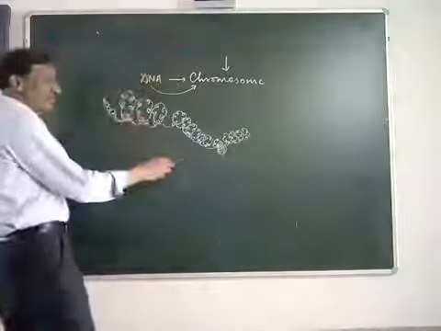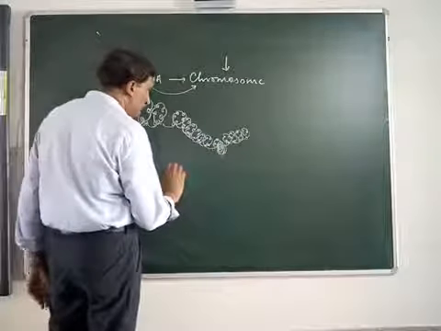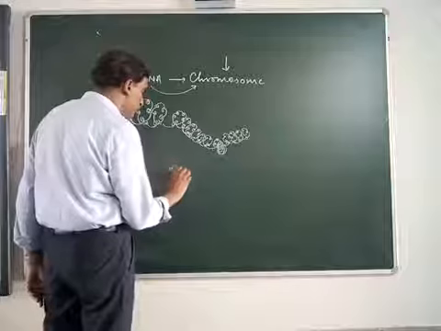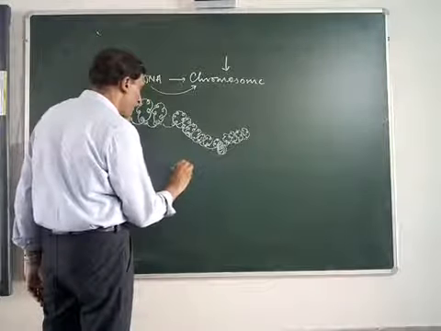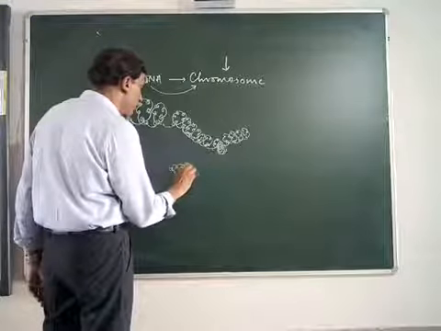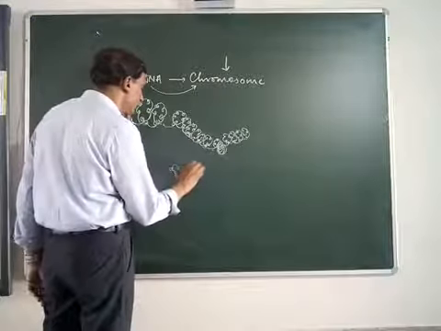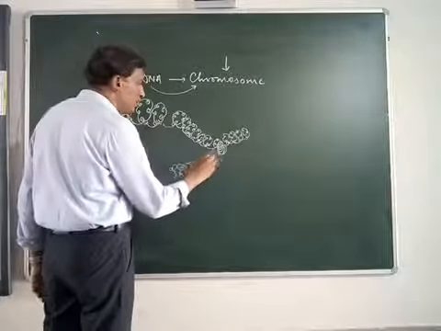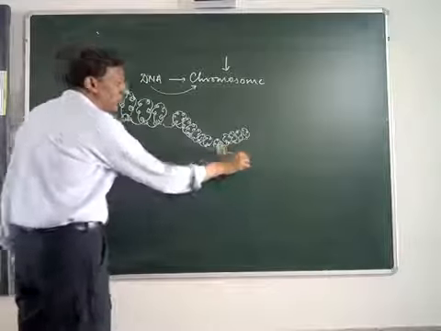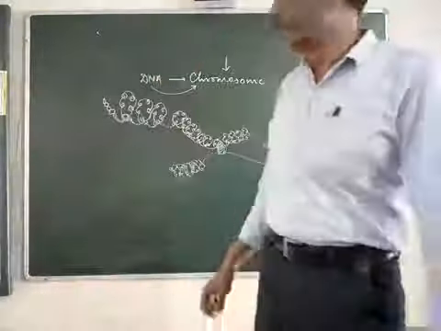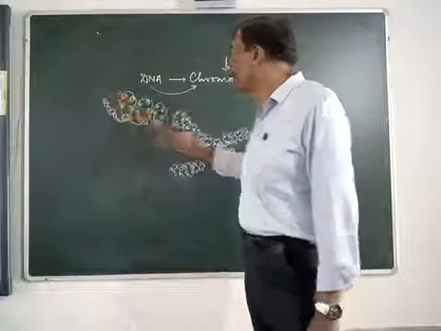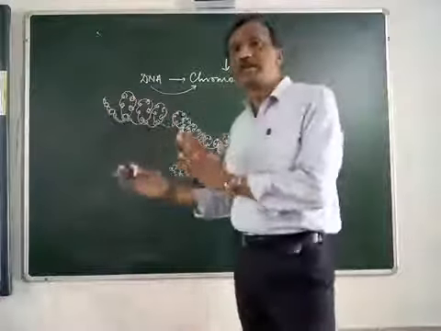This is one chromatid, and on this side is the other chromatid. So this is how it will join, and the chromosome will form. And in a chromosome, the length of the DNA is very much reduced.